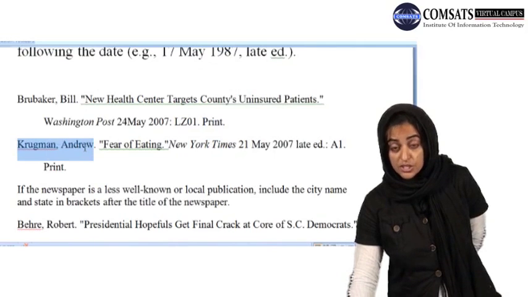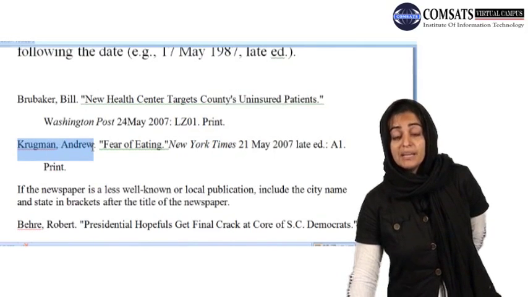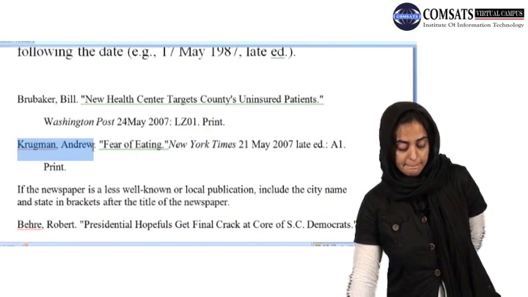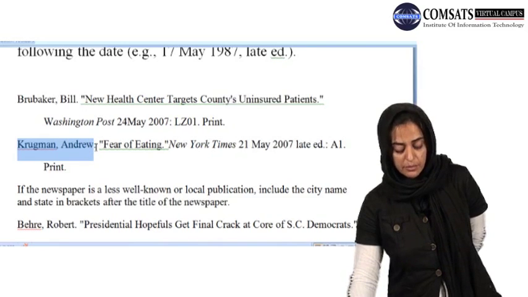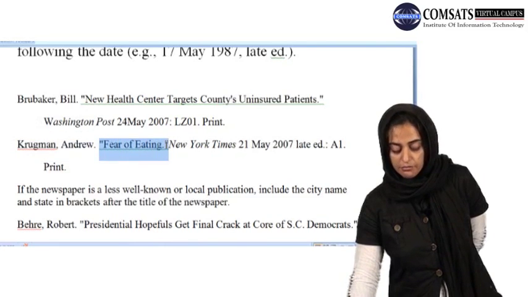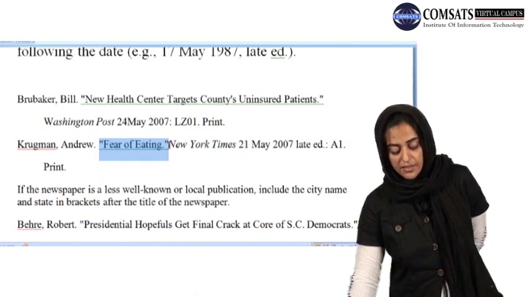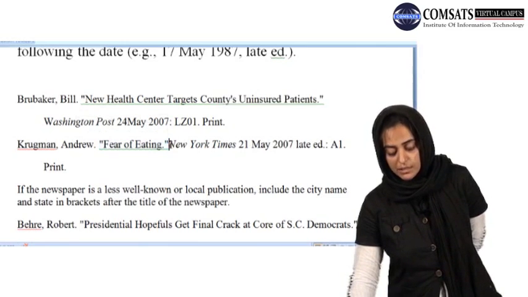Again, here is an example in which you will be mentioning the edition of the newspaper on that very day. The name of the author, Andrew, in last name, first name fashion. Then the title of the article, "Fear of Eating," in inverted commas, as recommended by the MLA referencing style, that the title of an article should be put in inverted commas, not italicized. After that is the name of the newspaper, New York Times.